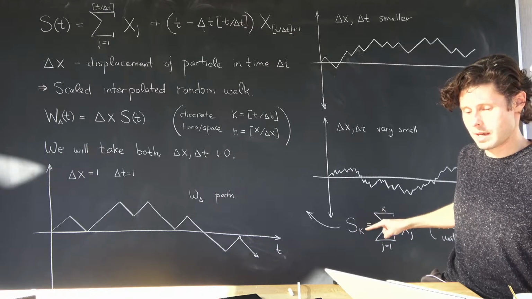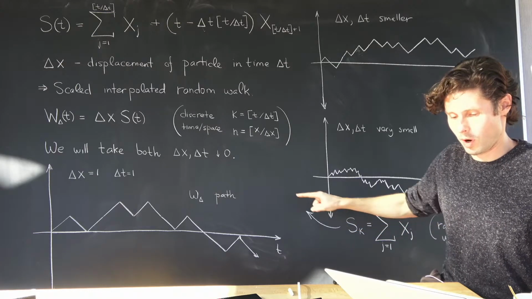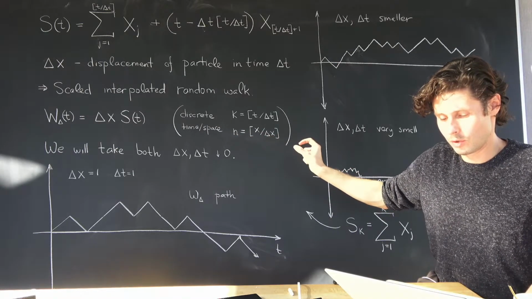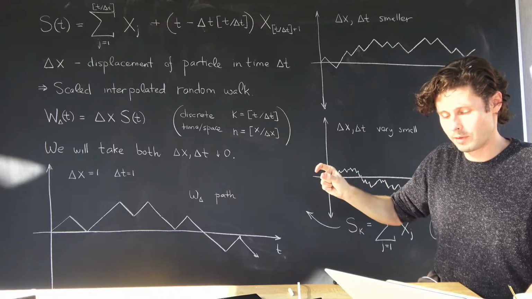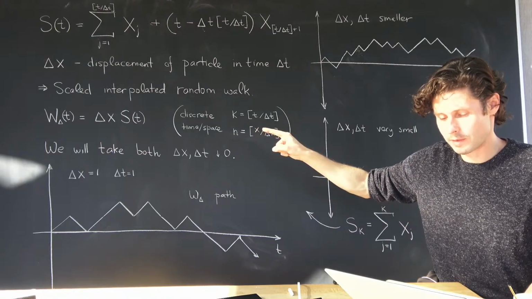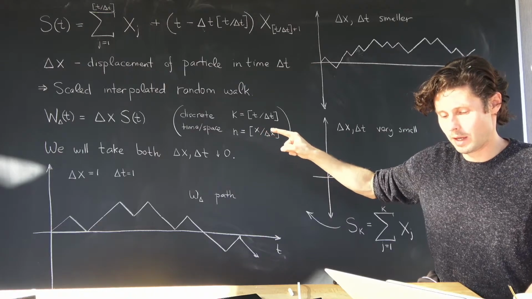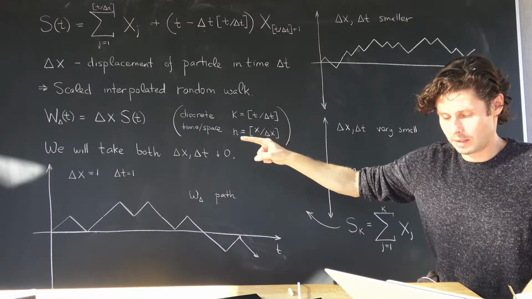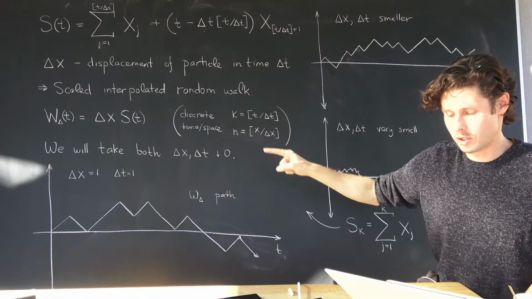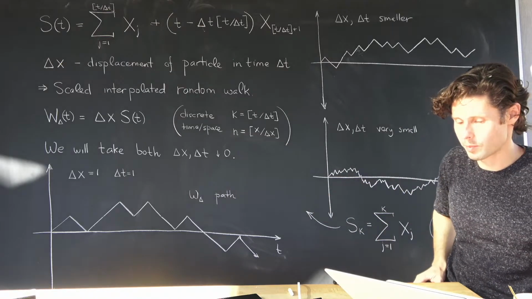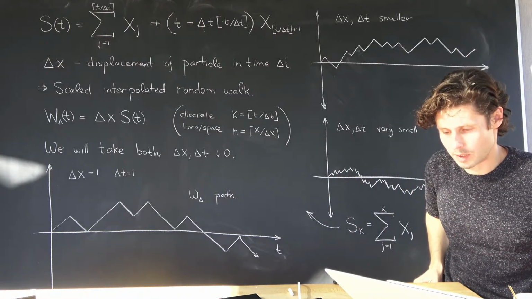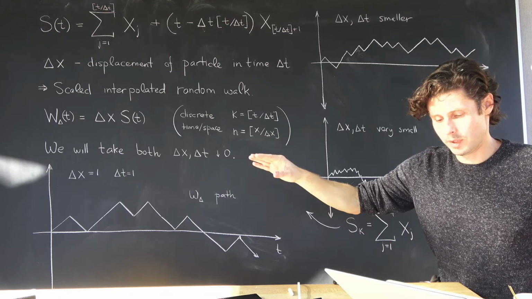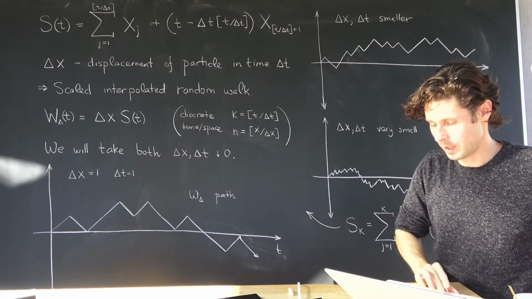So at time s_k, the value of this random walk is n, which is equal to x divided by how much I move at every single time. I've moved a total distance of x from the origin, by a displacement amount delta x each time. So if I divide the two, I get the position in the integer state space, which is where this process lives. Now we're ready to start looking at what actually happens when you take delta x and delta t down to 0.